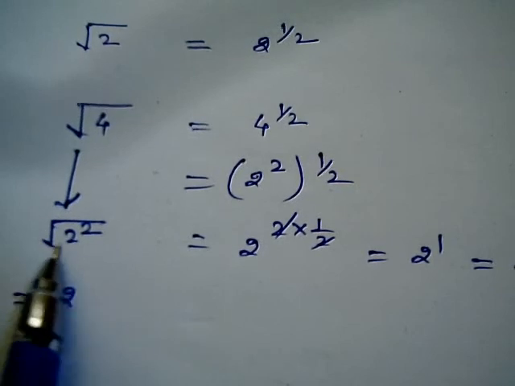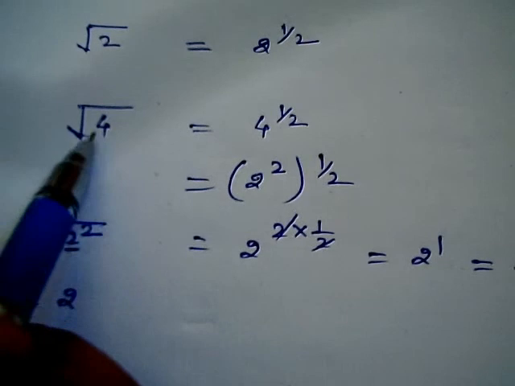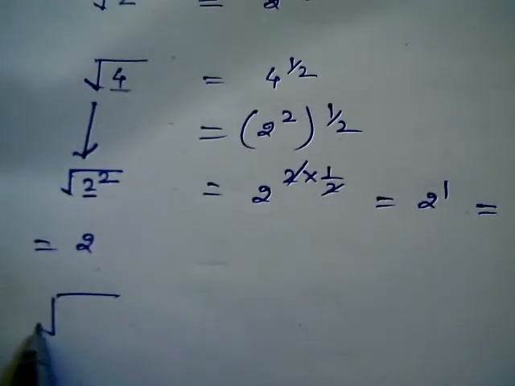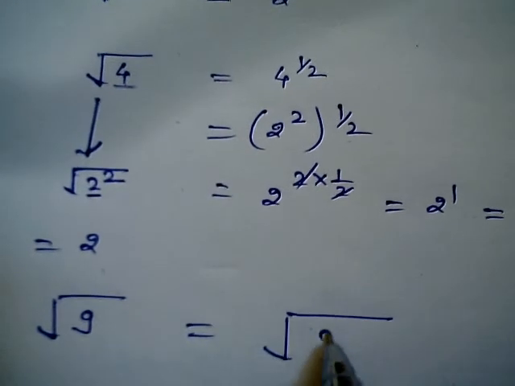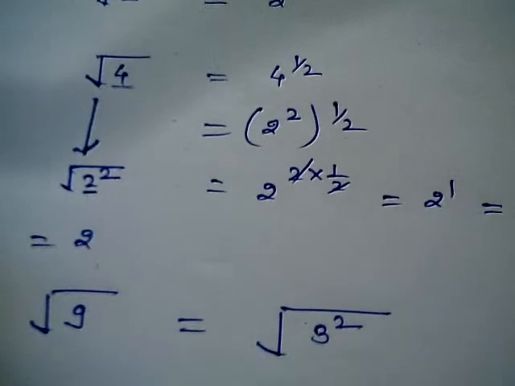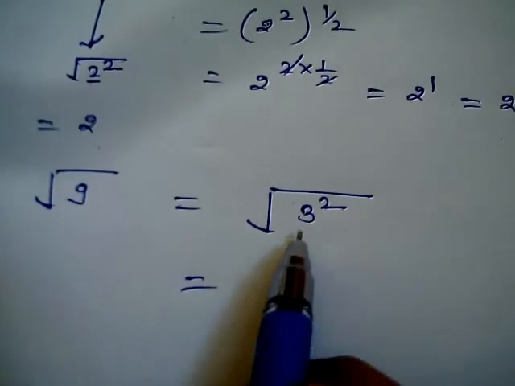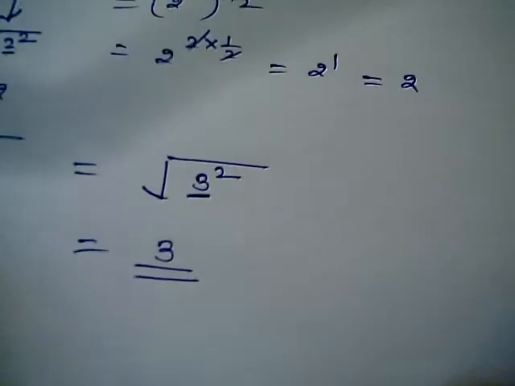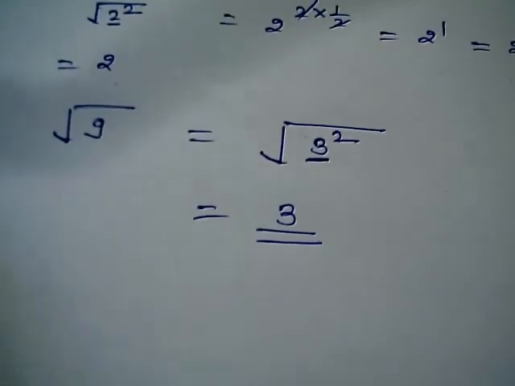Like suppose I say find the square root of 9. 9 is the square of which number? 3 square. So if you are able to write any number in the square form, that base number will be the square root of that number. Or another way, if you have no idea at all, you are completely blank, what you need to do is factor the number.